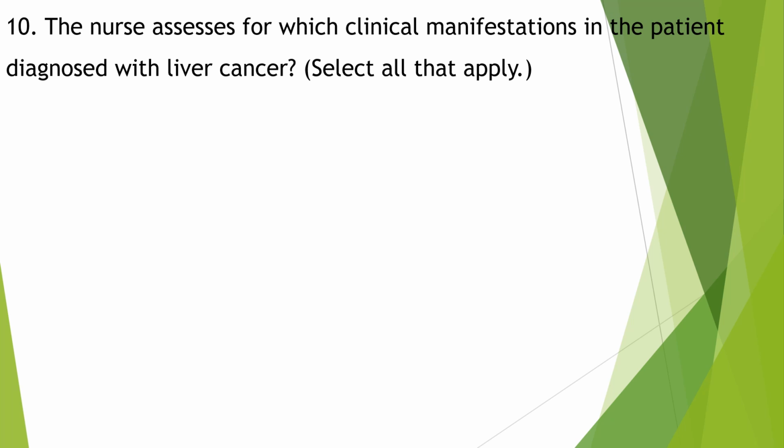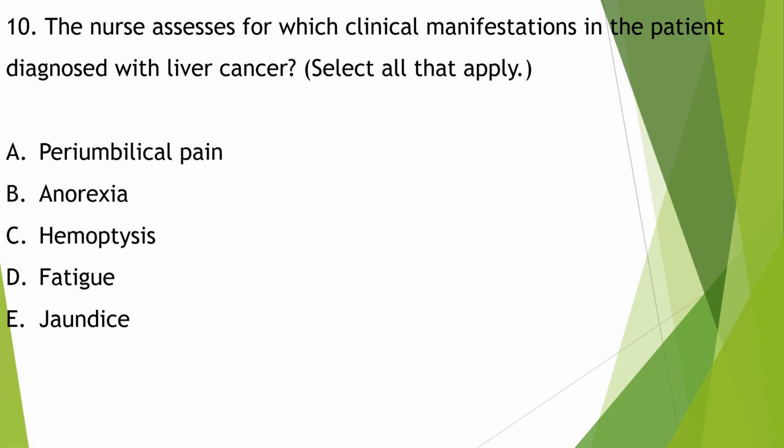The nurse assesses for which clinical manifestation in the patient diagnosed with liver cancer: periumbilical pain, anorexia, hemoptysis, fatigue, jaundice. Because the tumor typically impairs the normal functioning of the liver, the patient exhibits abdominal pain, weight loss, anorexia, weakness, fatigue, jaundice, and ascites.